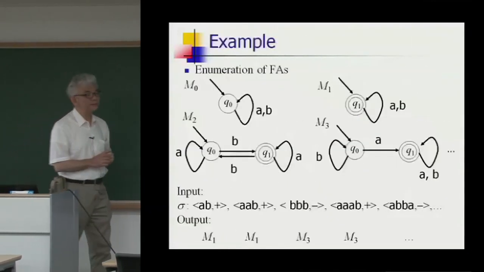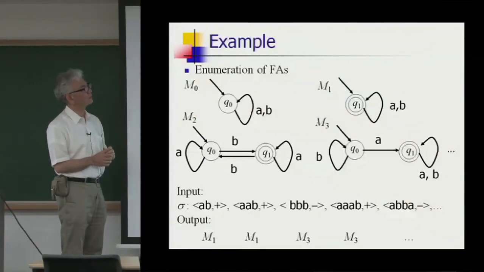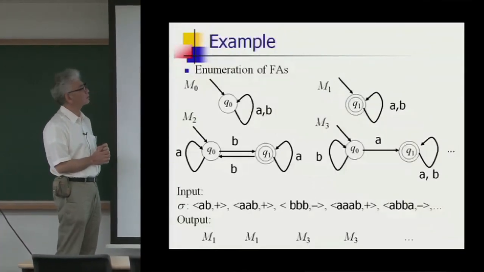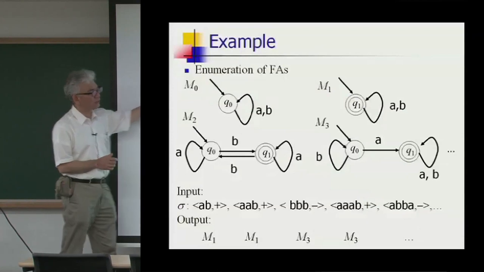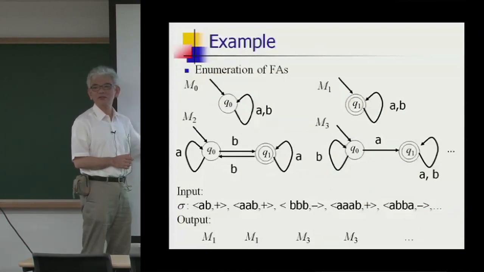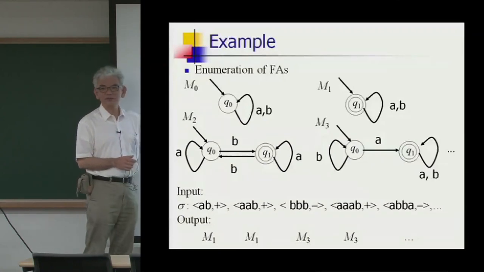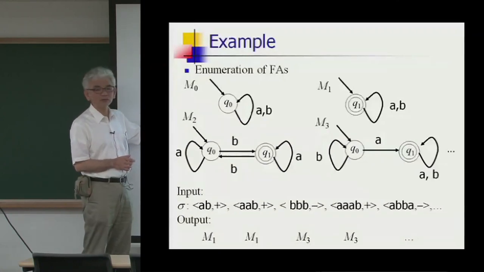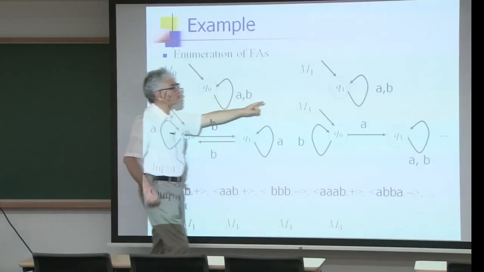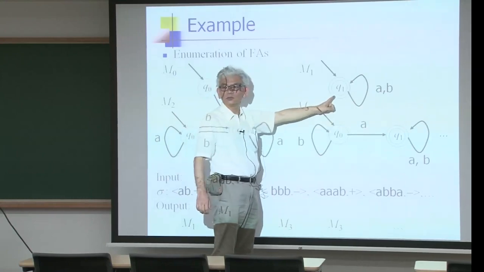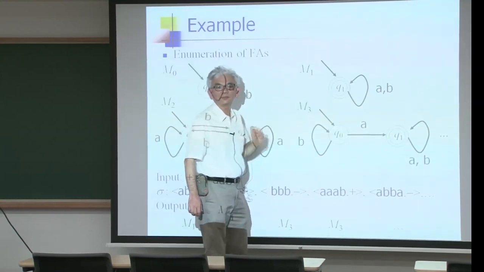Okay, more precisely, as I told in the last lecture, this is the first part of the enumeration of finite state automata. Here, this is a very simple automaton consisting of only one state. And this automaton also consists of one state.